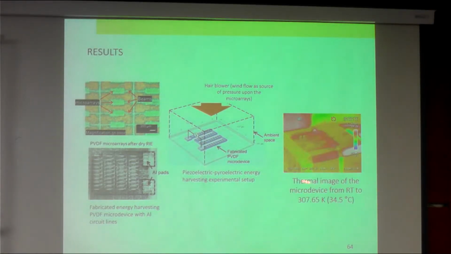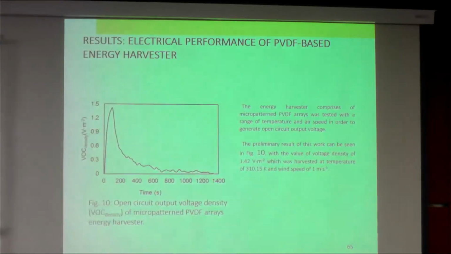Okay, this is the actual thermal image of the micro device at room temperature with the applied hot air at 34.5 degrees Celsius. You can see the different gradient of the temperature here. So the fabricated PVDF is placed in this manner. Then we can harvest some electricity.